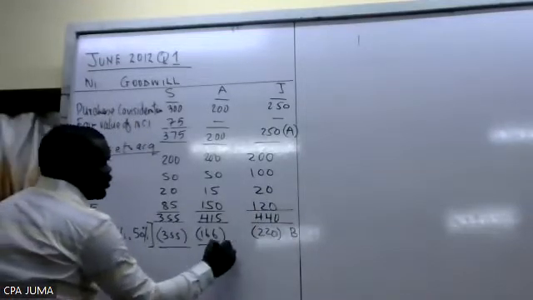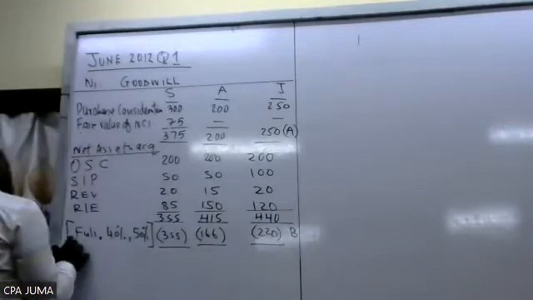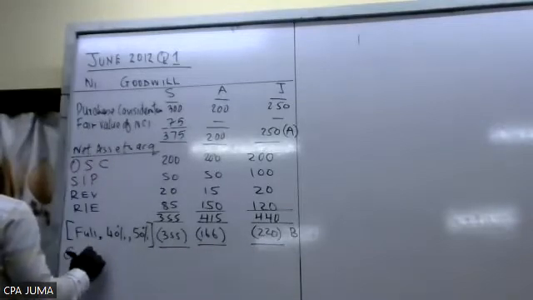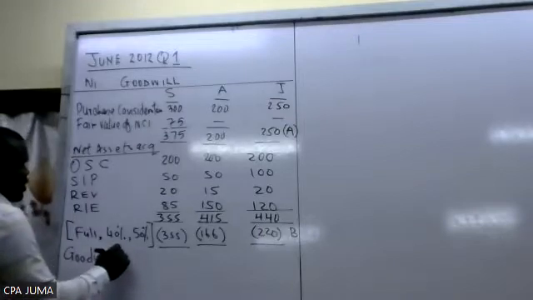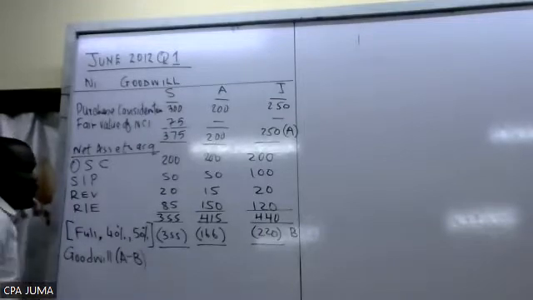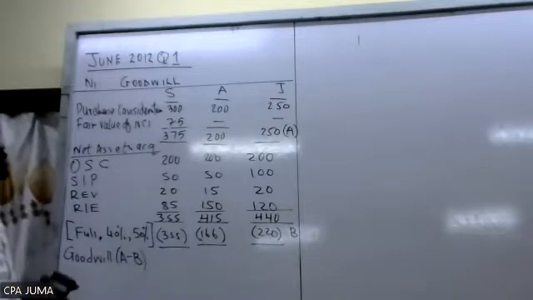Therefore, goodwill will be A minus B. We should now take this minus this.